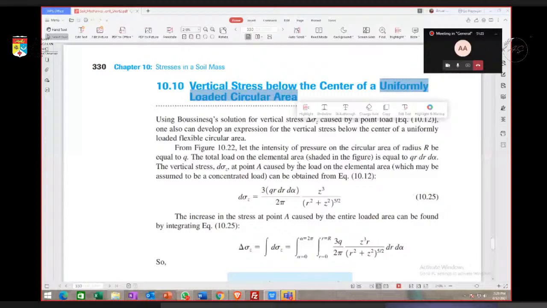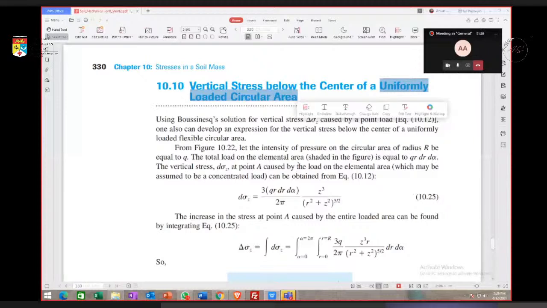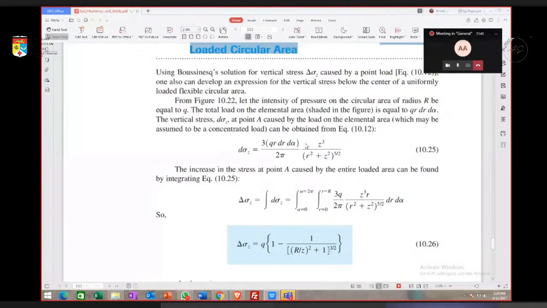Then we want to know, maybe at 5 meters below the water tank, how much is the increase due to the loading of the water tank. Then we can use this equation. The equation is like this one.